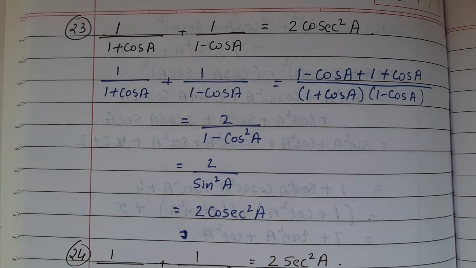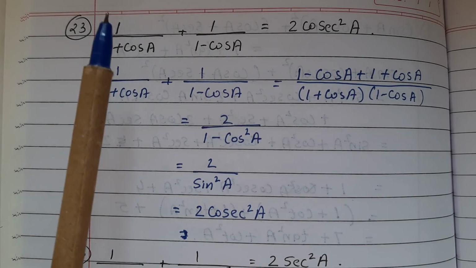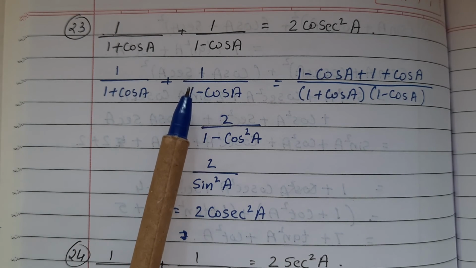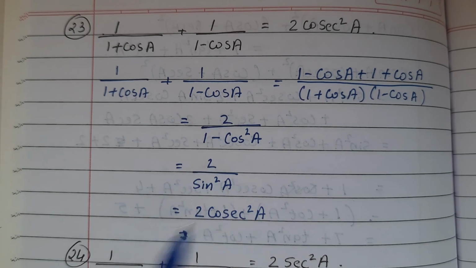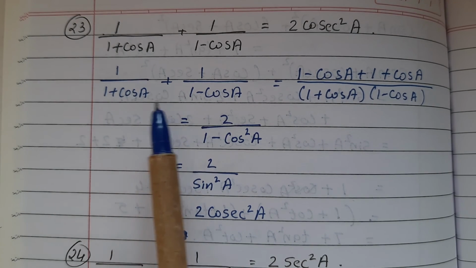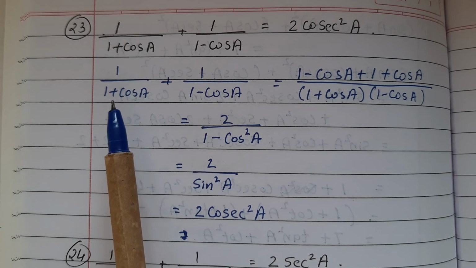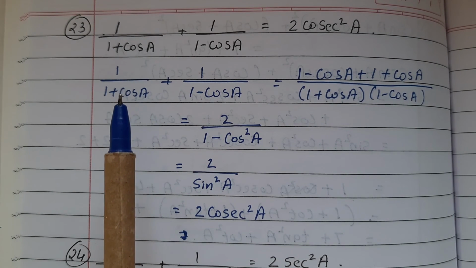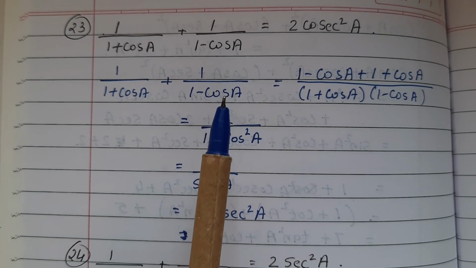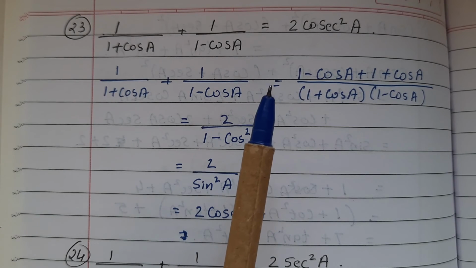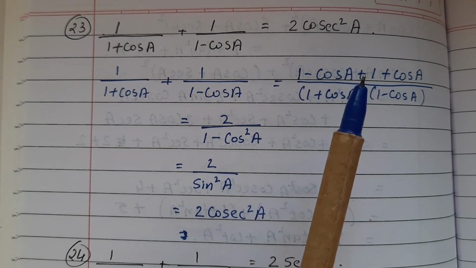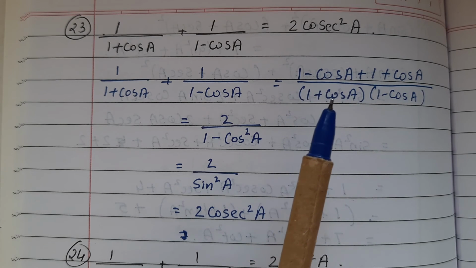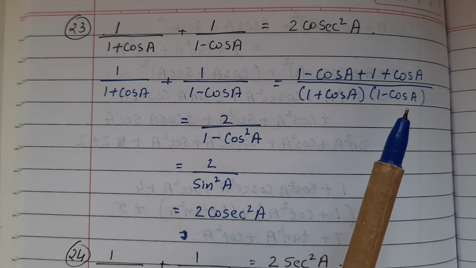Sum number 23. Left hand side is 1 upon 1 plus cos A plus 1 upon 1 minus cos A. So LCM of this denominator is (1 plus cos A) into (1 minus cos A). This term multiply and divide by 1 minus cos A. This term multiply and divide by 1 plus cos A. So we get 1 minus cos A plus 1 plus cos A upon (1 plus cos A) into (1 minus cos A).